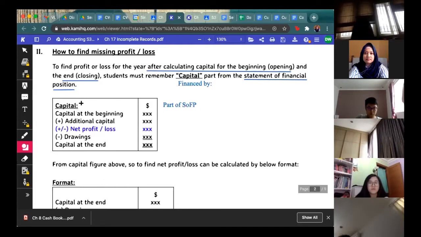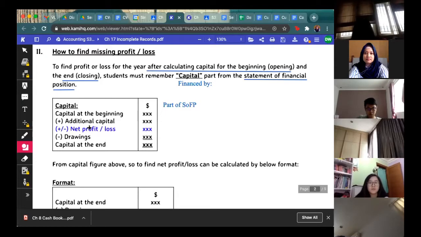Capital at the beginning here, and then add additional capital, and then plus if it is profit, minus if it is loss. You put it here, and then minus drawings, and then you have capital at the end here. I believe you remember a bit about the statement of financial position on the capital part. If you don't remember, please review our chapter in secondary 3 again.